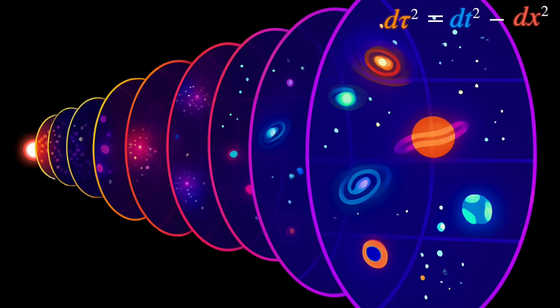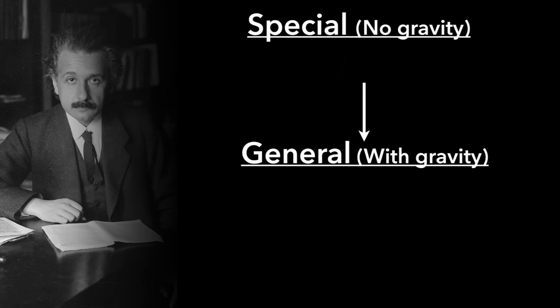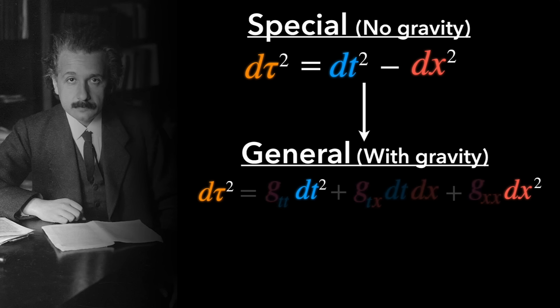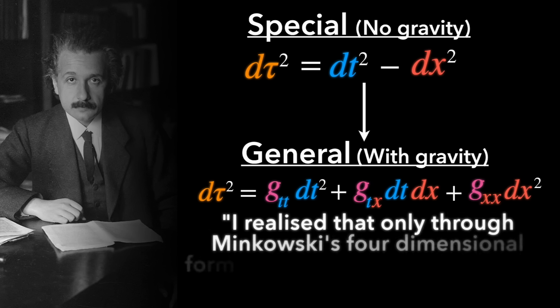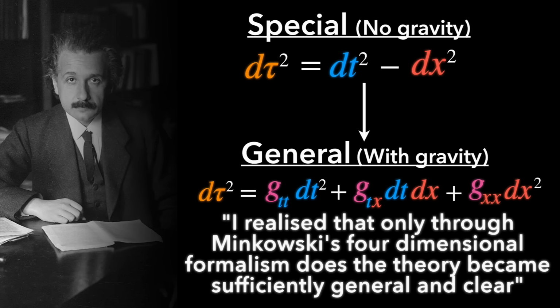Wow. So, although Einstein initially dismissed Minkowski's ideas, eventually he came around. In fact, when he struggled for years to reconcile gravity with relativity, he realized the missing piece had been in front of him all along. He later writes, I realized that only through Minkowski's four-dimensional formalism does the theory become sufficiently general and clear.